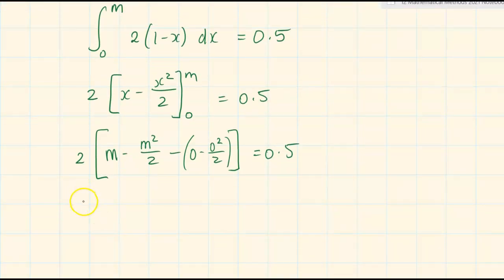So we get 2m minus m squared equals a half. So then we have m squared minus 2m plus a half equals 0.